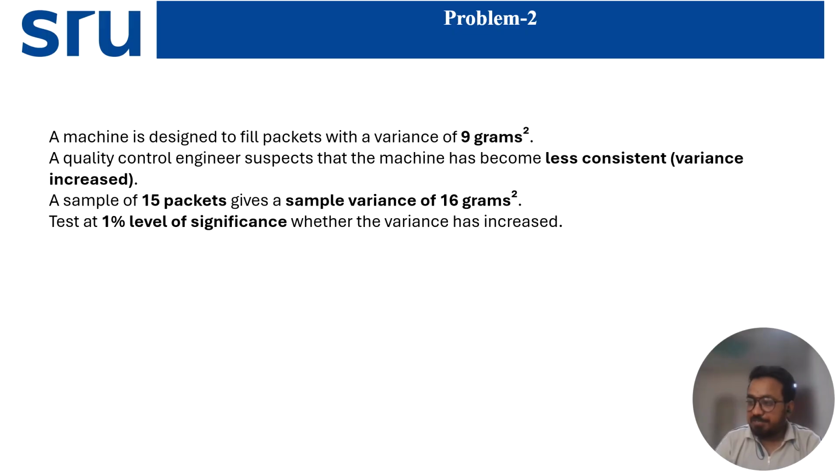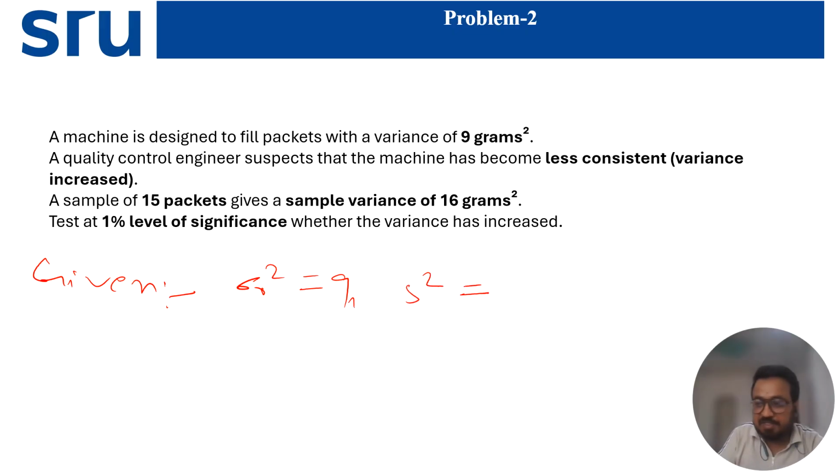So in this question, what is given? Here it is given that sigma naught square is equal to 9, S square is equal to 16, and n is equal to 50.